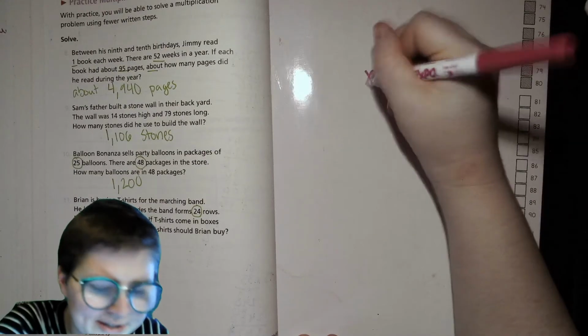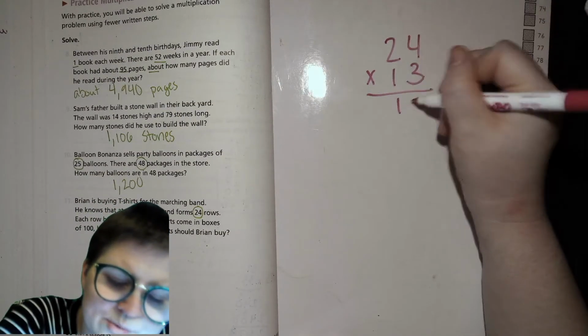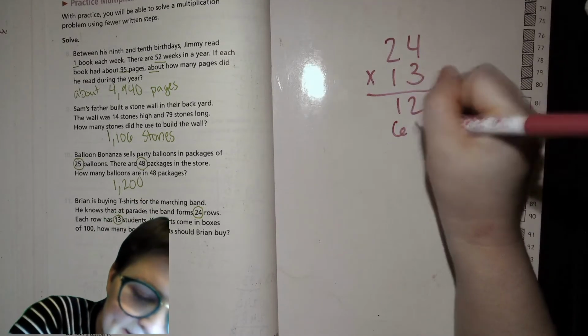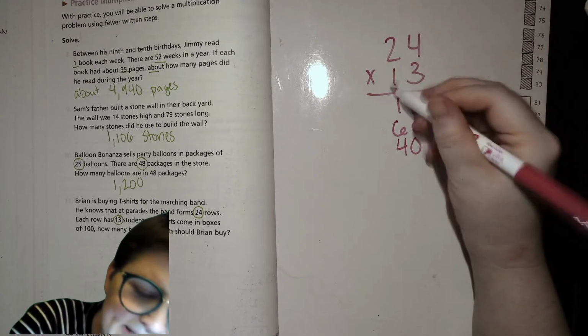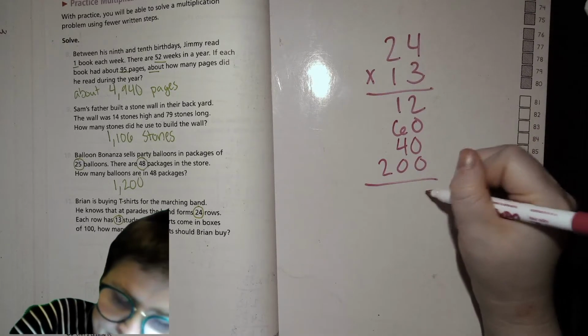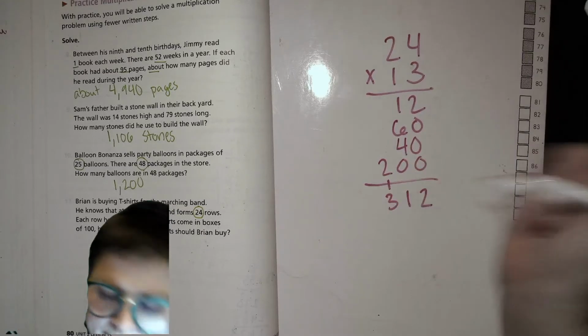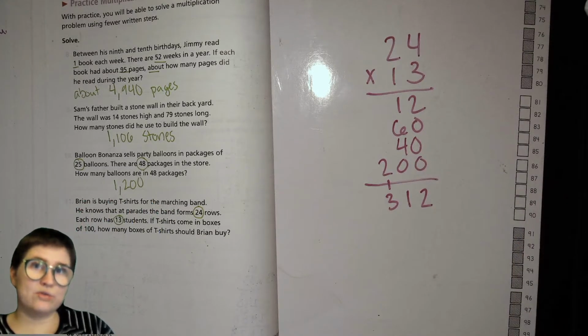24 rows, each with 13 kids. 3 times 4 is 12. 3 times 20 is 60. 10 times 4 is 40. And 10 times 20 is 200. Okay, now there are 312 kids in this band.